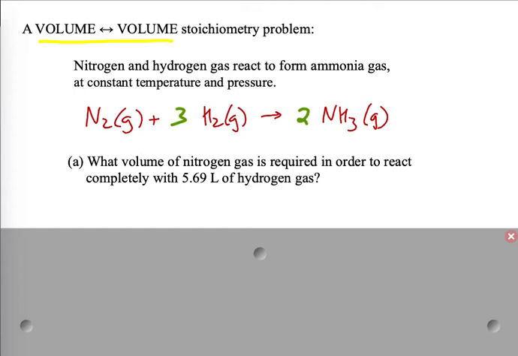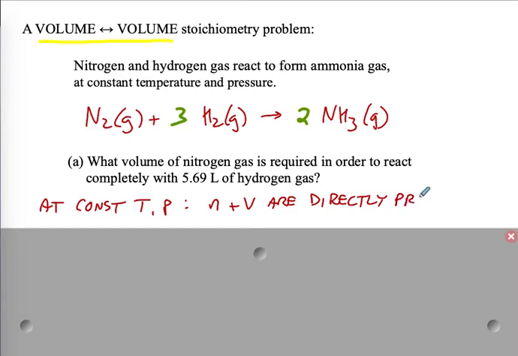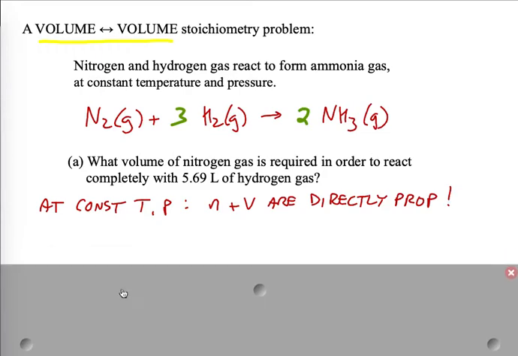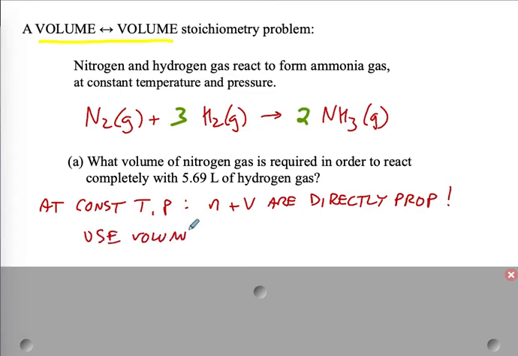But what we learned earlier in this unit is that at constant temperature and pressure, moles and volume are directly proportional. And in fact, at constant temperature and pressure, the mole ratios can simply be replaced by volume ratios. So we're going to solve the stoichiometry problem by using volume ratios instead of mole ratios.